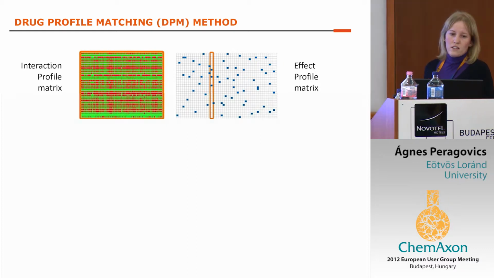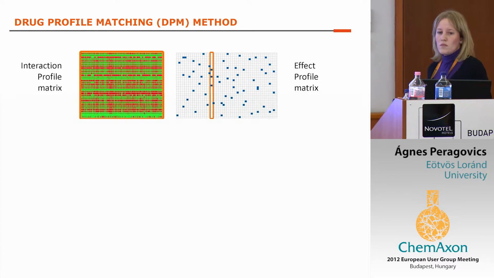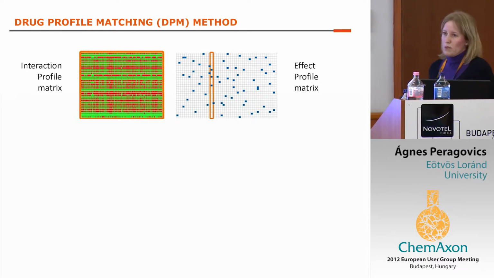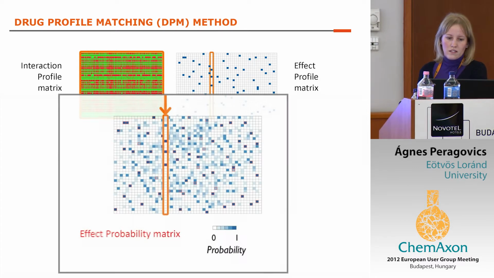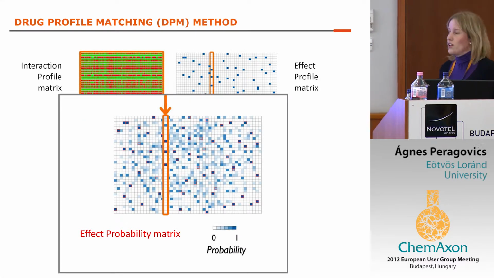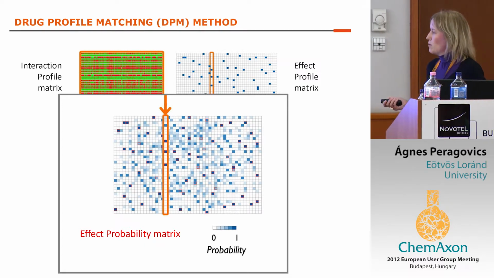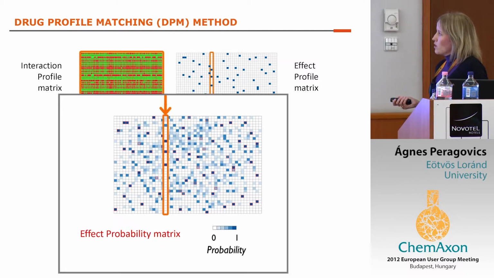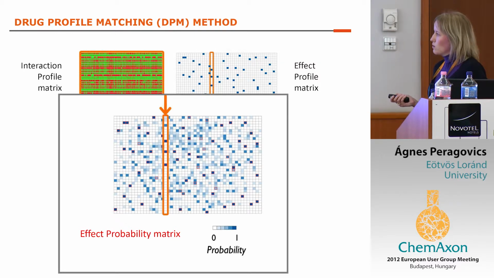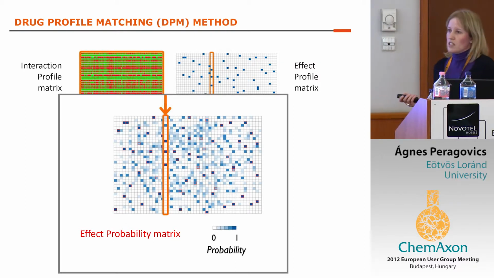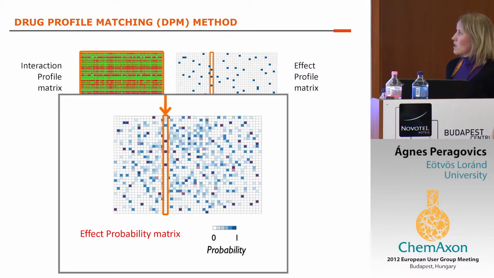We applied linear discriminant analysis that can calculate probabilities for each drug effect pair. And this is how we created this new matrix, which is called the effect probability matrix. You should know that in contrast to the effect profile matrix, the values in this matrix are continuous, ranging from 0 to 1.